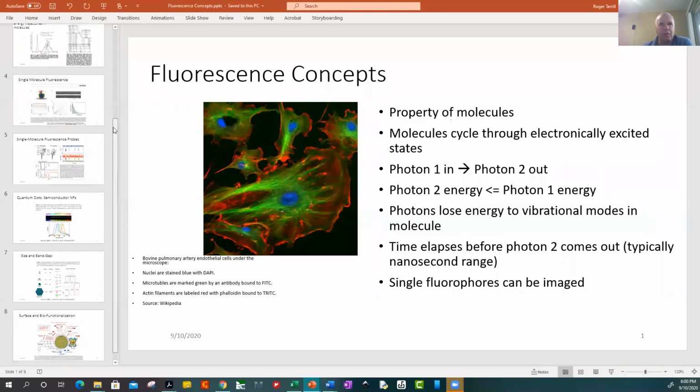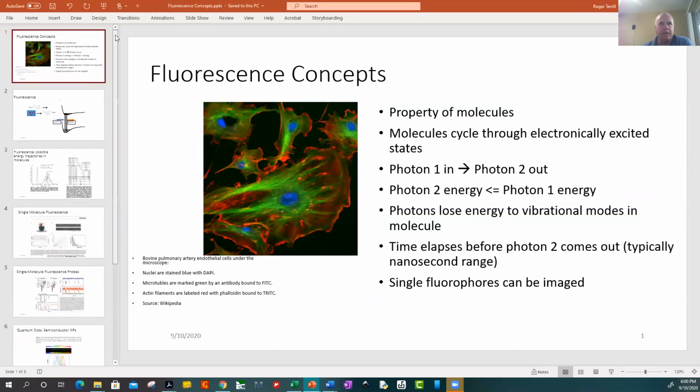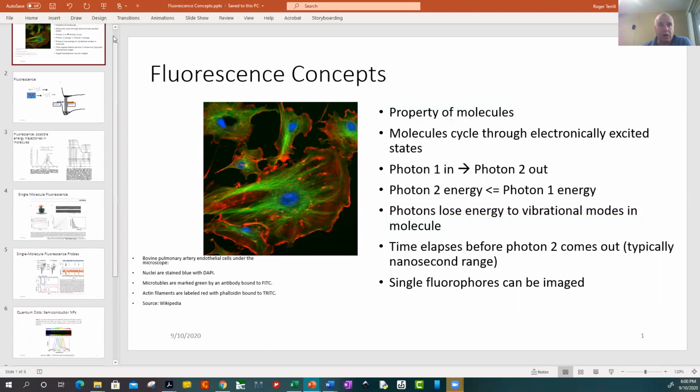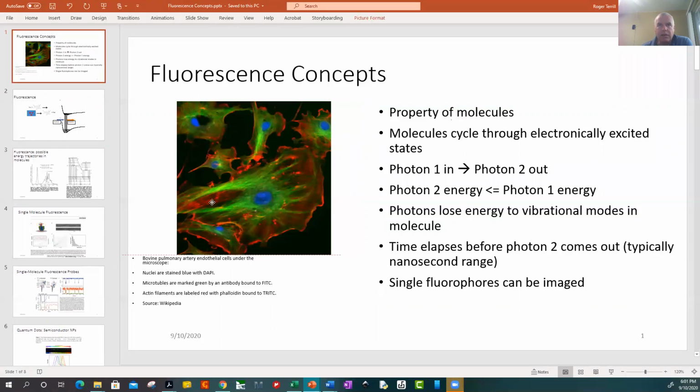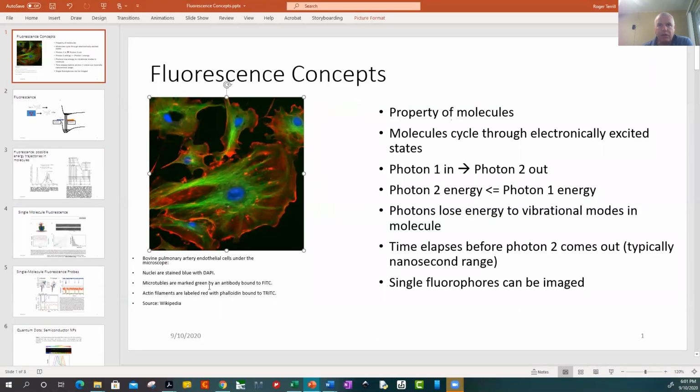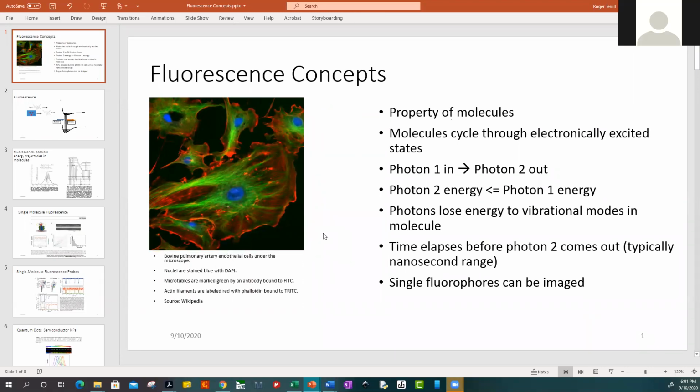I'm hoping to hear more about these latex nanoparticles with quantum dots in them, but I'm not sure. So let's see.